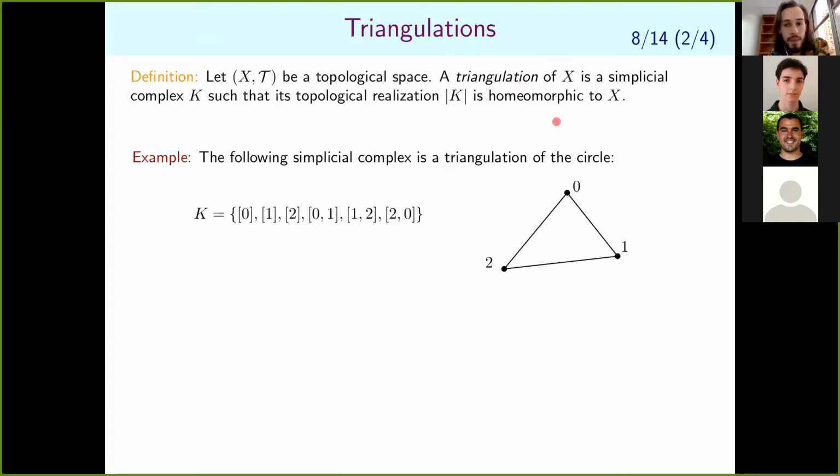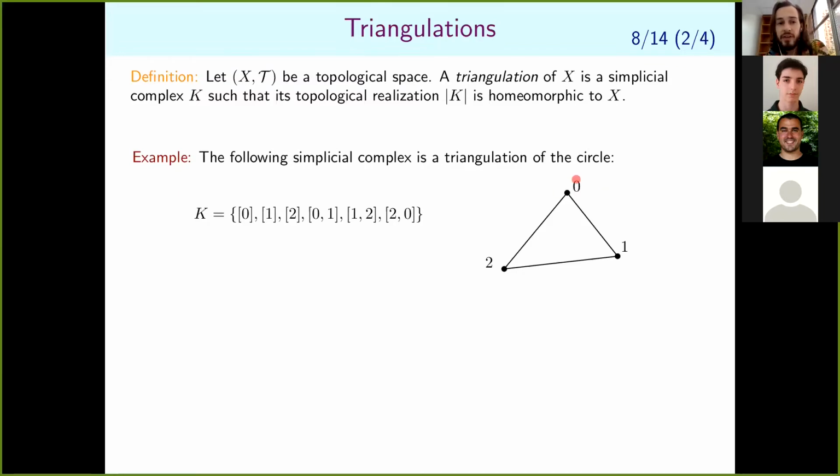Example, if I take K equal to this simplicial complex, I can draw it like that on the plane. So this is a circle, a triangle, and we've seen 2 days ago that a triangle is homeomorphic to a circle.